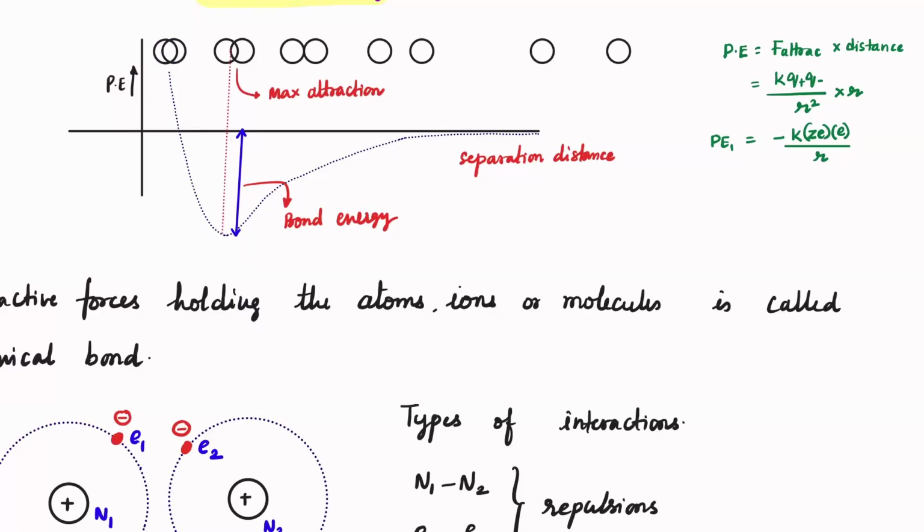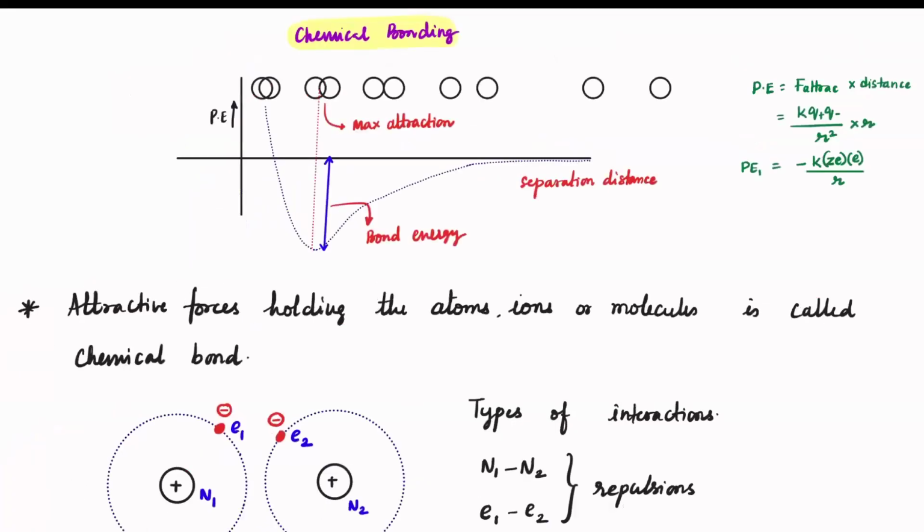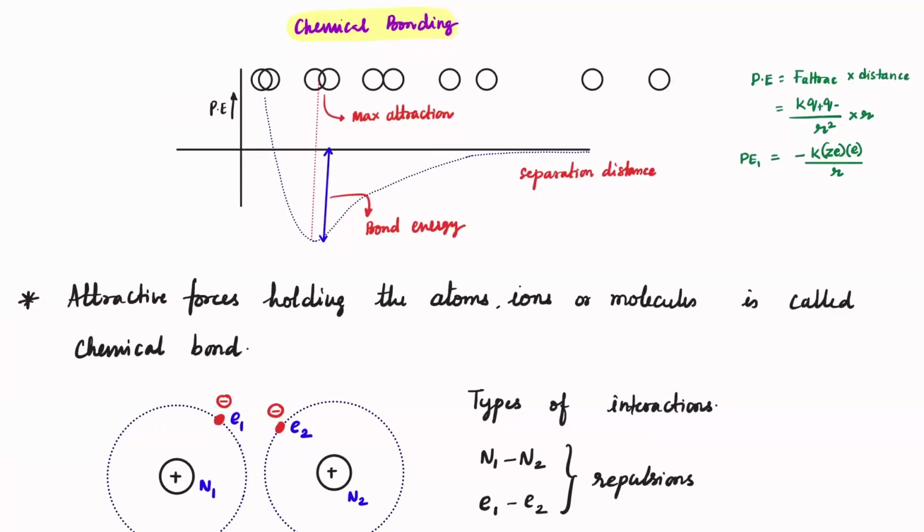So this is a typical curve which you will observe for potential energy versus the separation distance. Keep that in mind. This is how the graph is to be assessed for chemical bonding.